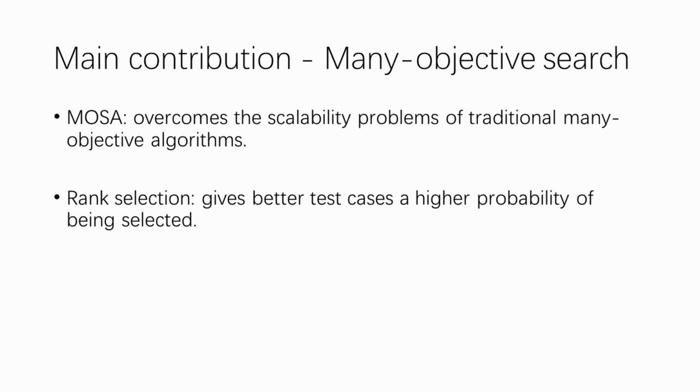The initial random population evolves towards better populations through subsequent generations until a stopping condition is reached. In each generation, an offspring population of the same size is created by selecting test cases from the parent population and modifying them using crossover and mutation. For this, rank selection is used, which gives better test cases a higher probability of being selected.